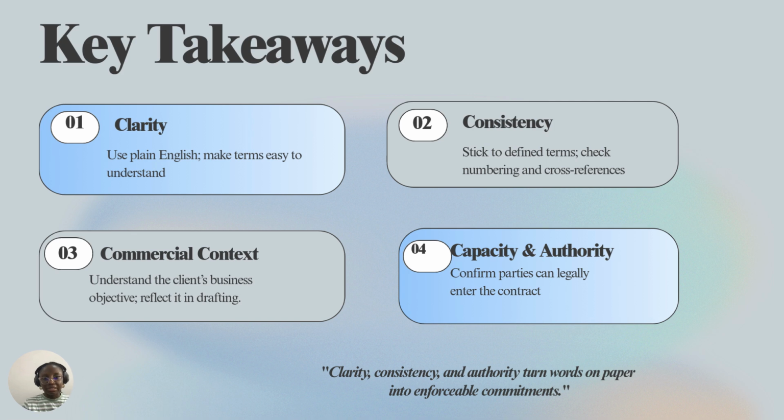Secondly, consistency. Stick to defined terms, check numbering and cross references. If you've defined a term, let's say you've defined XYZ to be Client, you cannot be seen to be referring to XYZ as Supplier later in the agreement.